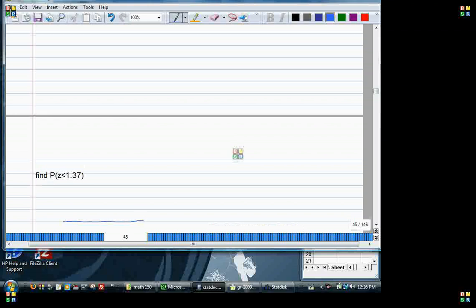What's the first thing that we should draw? Where do we put z-scores? On the bottom of what? Of the bell curve. Have to draw the bell curve, the normal distribution first.